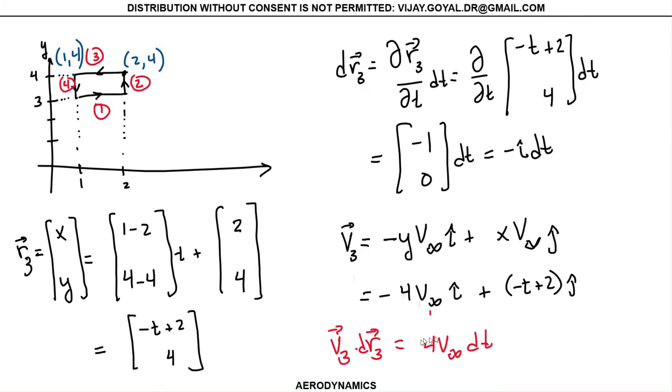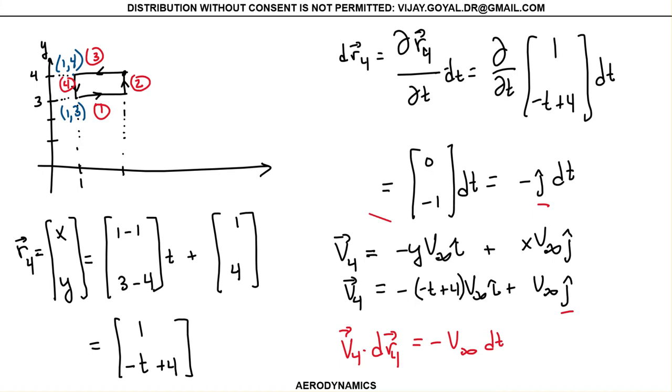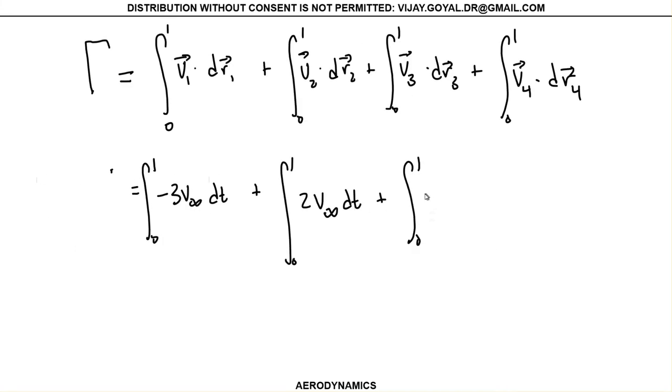The third segment was 4 v infinite dt plus his last segment will be 0 to 1, and we found that was equal to minus v infinite dt.